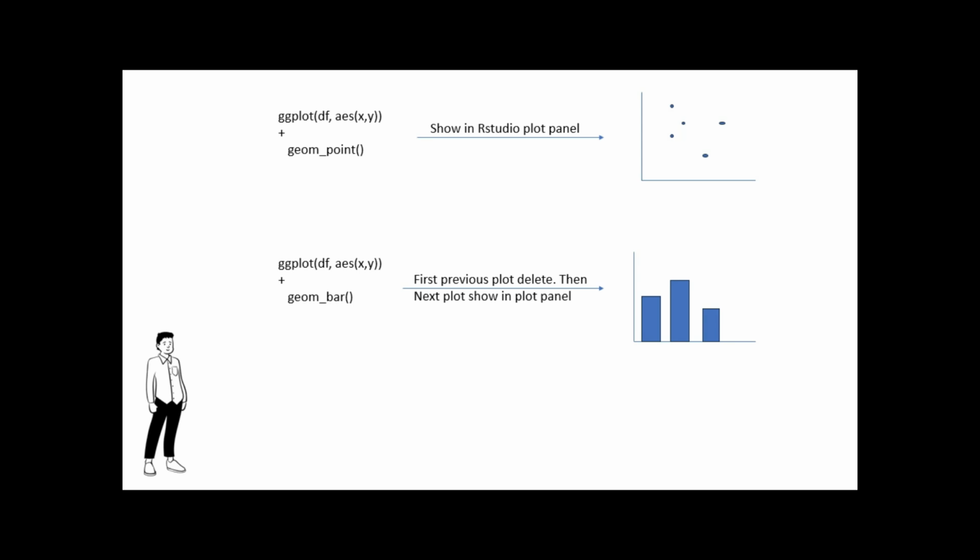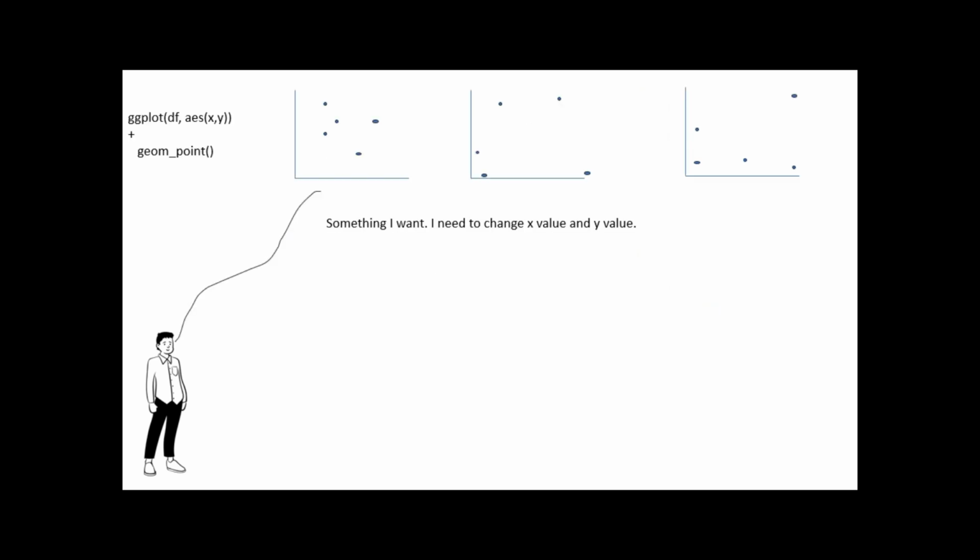So this is how plots are shown in the RStudio IDE. I want to show the changes in a scatter graph like this. To create any kind of graphics on a computer, we need an x value and a y value, and here we will use that process to do animation.